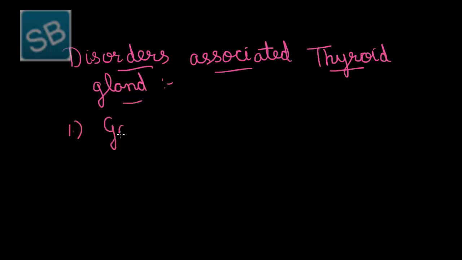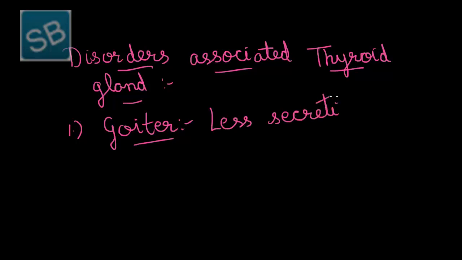First, goiter. Goiter is the most common disease out of all that are associated with the thyroid gland. Goiter occurs due to less secretion or deficiency of iodine in our diet.